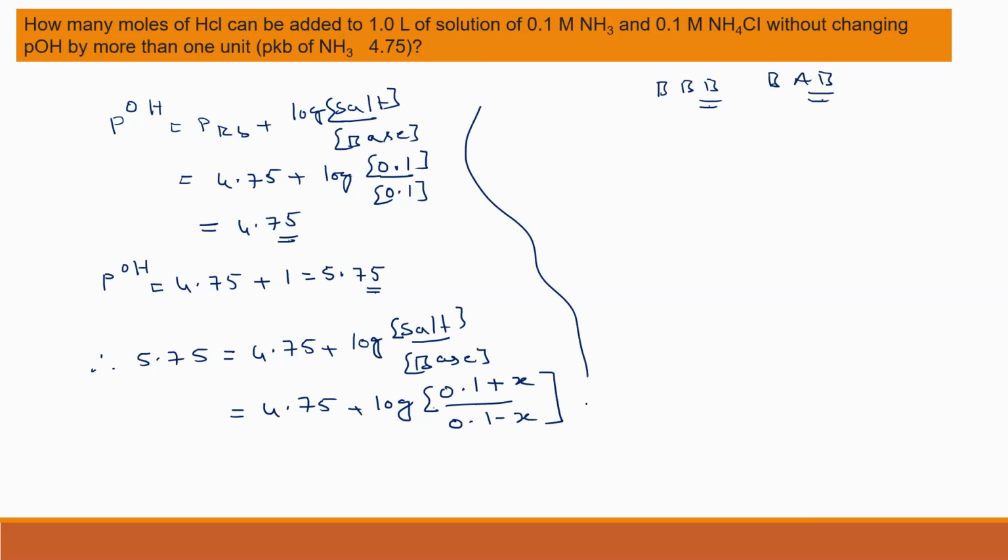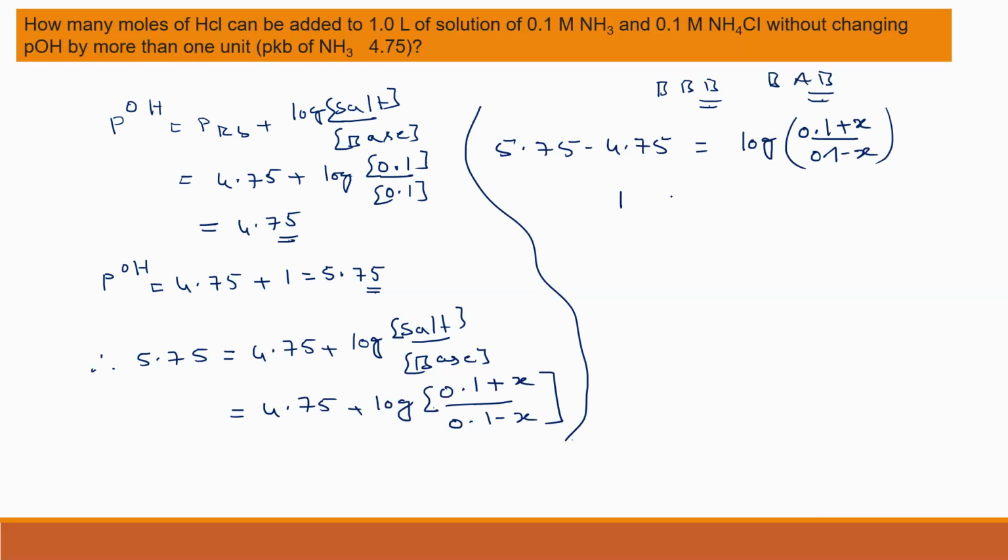Okay. Now bring this 4.75 to this side. So now 5.75 minus 4.75 is equal to log of 0.1 plus x by 0.1 minus x.